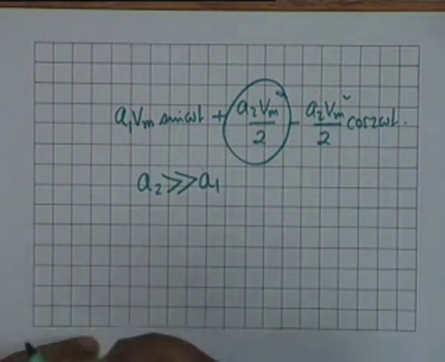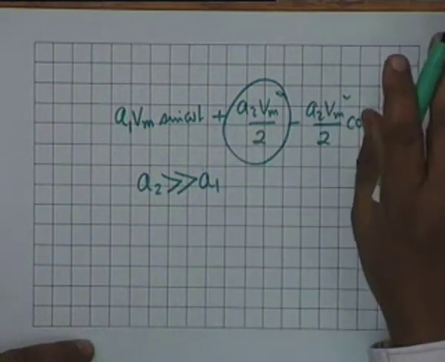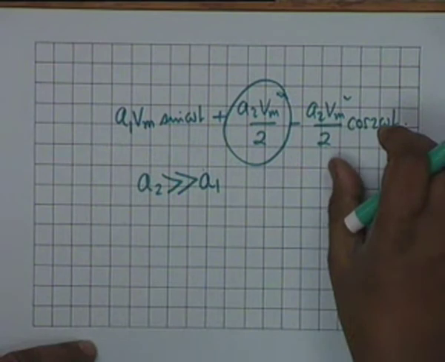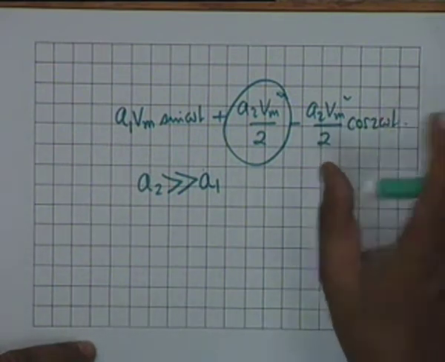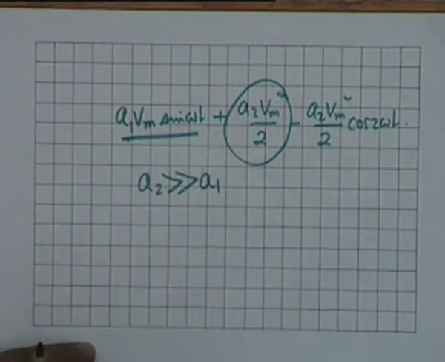Suppose yet another instance. Suppose I get rid of the DC term by using a capacitor. I get rid of the cosine 2 omega t term. I reject it by means of a suitable circuit. Then I shall be left with A1 Vm sin omega t.